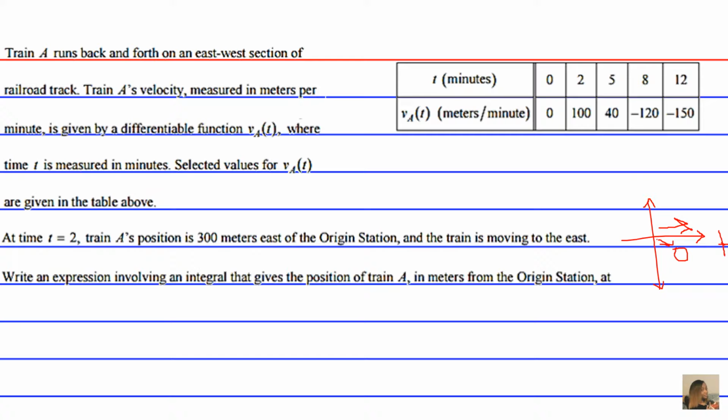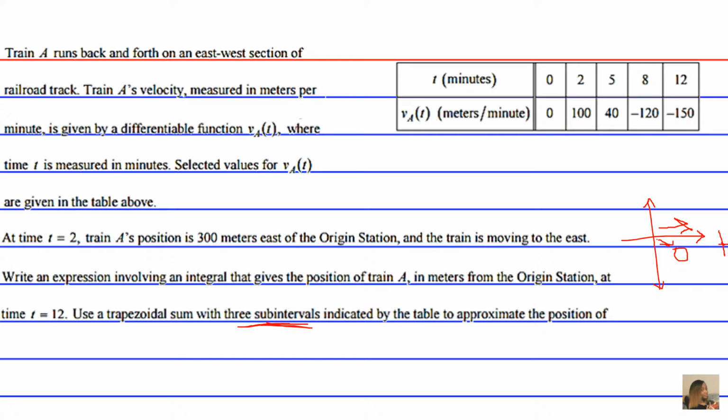Write an expression involving an integral that gives the position of train A in meters from the origin station at time t equals 12. Use the trapezoidal sum with 3 subintervals indicated by the table to approximate the position of the train at time 12.